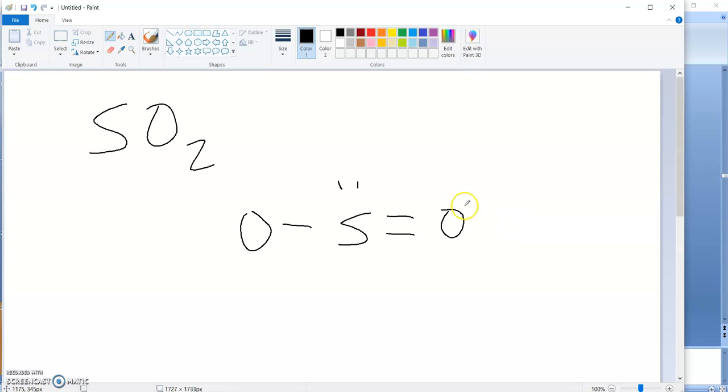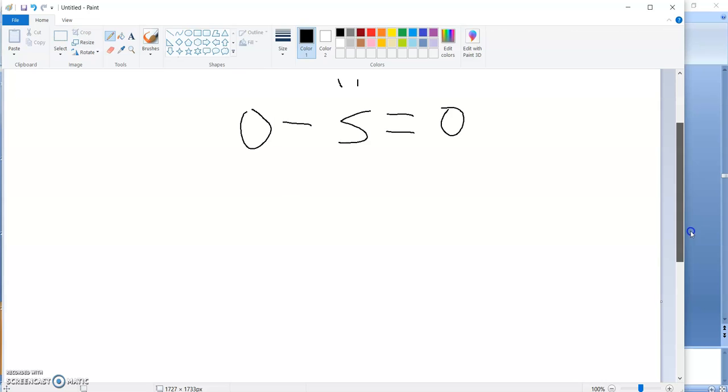But notice the central atom has 1, 2, 3 pairs. A lone pair is a pair, a single bond is a pair, a double bond is a pair, a triple bond is a pair. Even those odd electron molecules, the single electron counts as a pair. Any little electron grouping counts. So this has 3 pairs on it.